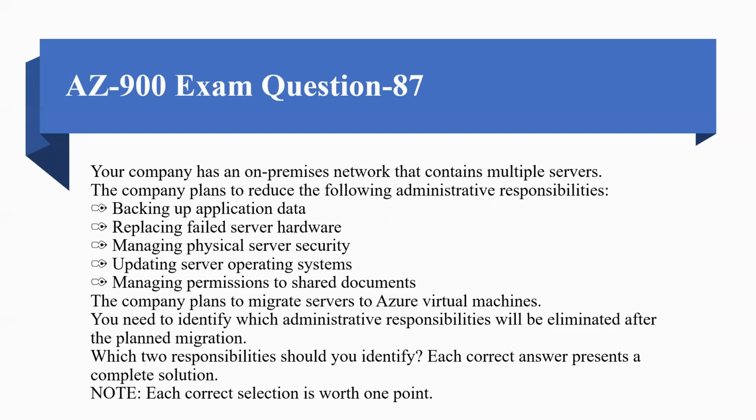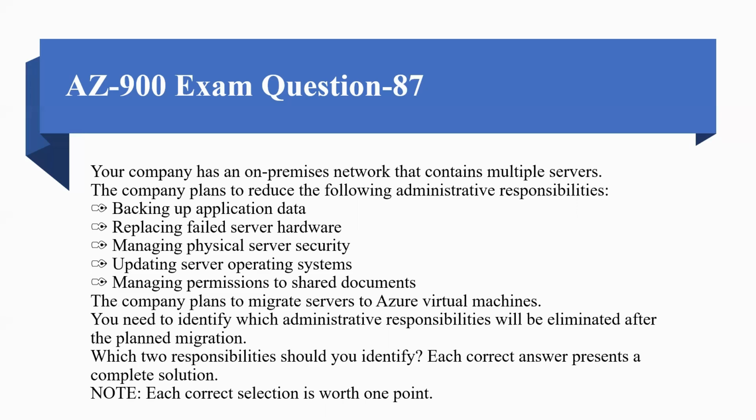Number four, updating server operating system. And number five, managing permissions to the shared documents. The company plans to migrate servers to Azure virtual machines. You need to identify which administrative responsibilities will be eliminated after the planned migration. Which two responsibilities should you identify?